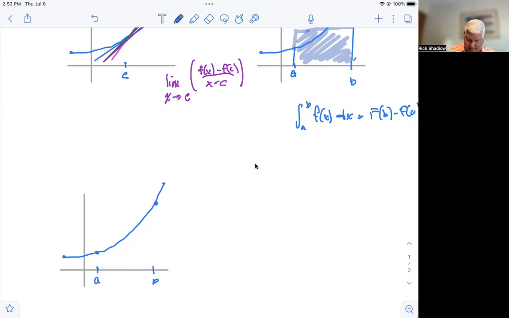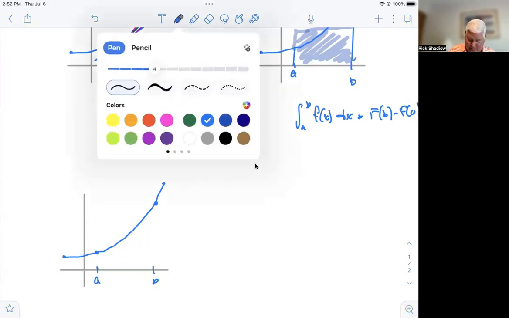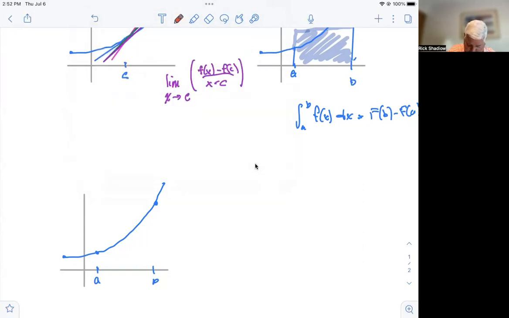And here the scenario would be, if I want to approximate the length of that arc, I could draw in the secant segment from a to b, and by the distance formula, I could come up with what that particular length of the arc would be based upon the length of the segment.